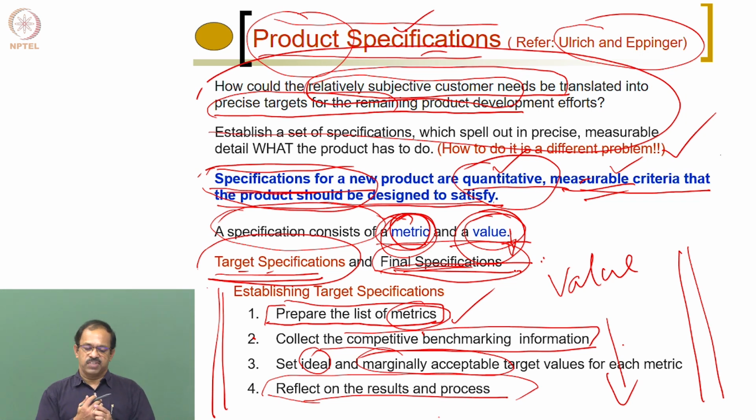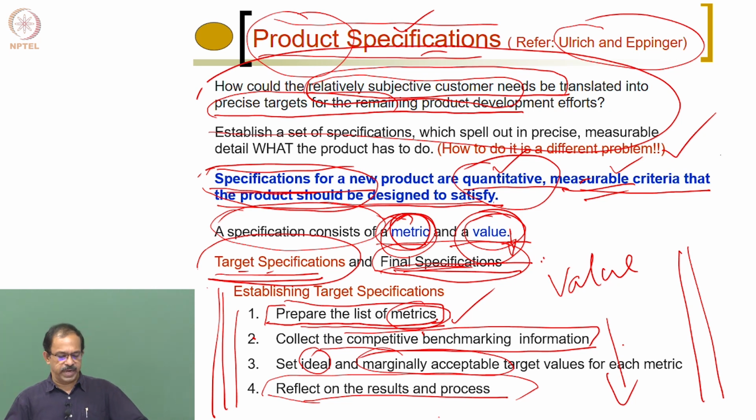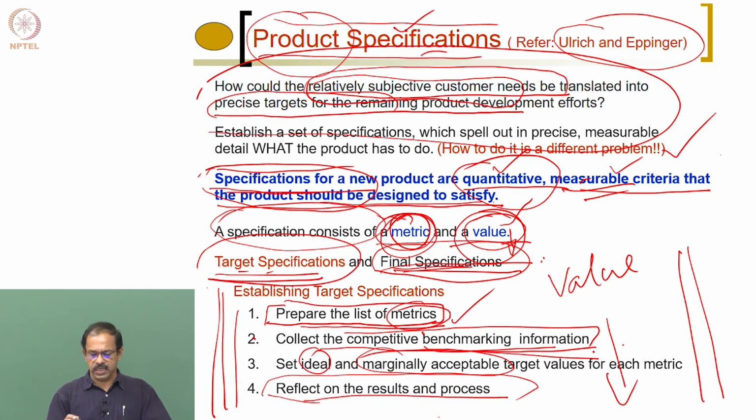So the steps involved in developing the specification are this, which we mentioned in the last class. First thing is to see how to prepare the list of metrics. What are the metrics that you can identify corresponding to each need is the first step. And once you do this, then we find out how to get the value of that metric. And the value comes from benchmarking information.